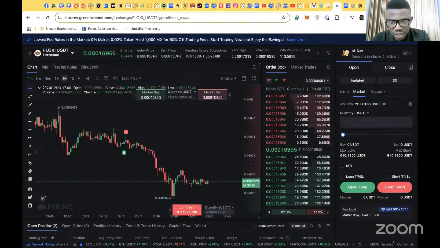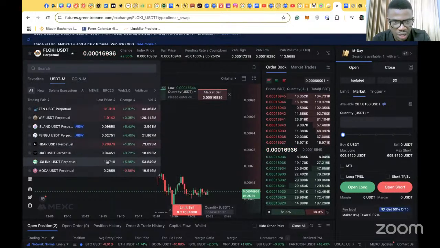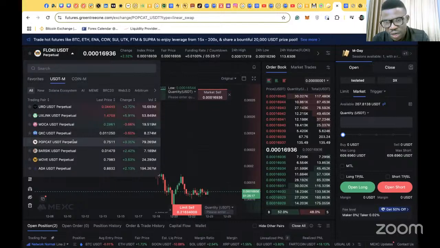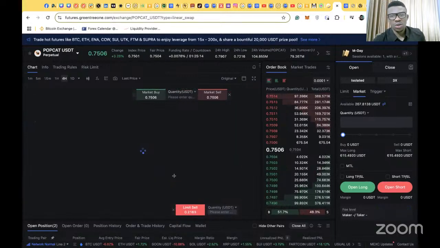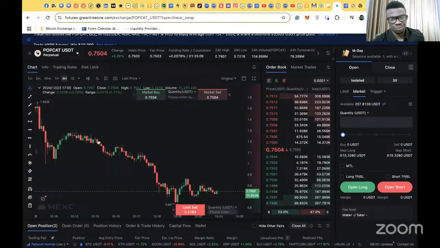I don't want to engage this. Let me just do some more checkouts there. I'm seeing LINK. LINK is 5. It has gone far. I'm seeing Popcat is 3. Let me go Popcat and see. The name is popular. Probably we can see some cat to pops there. The chart is also the same with all those guys that were slowing down. So let me go look for something else.